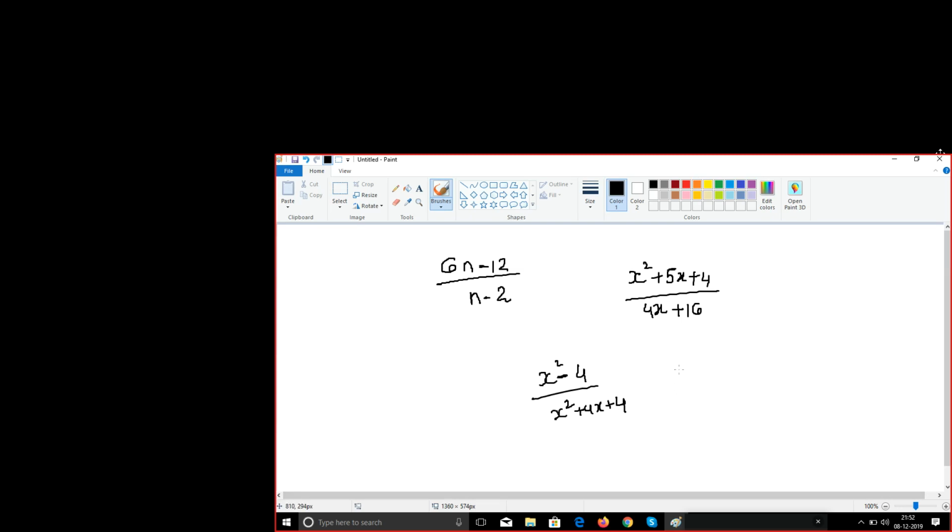The numerator is x plus 2 bracket x minus 2. Is it clear? Okay, that makes sense. Okay, now factorize it.